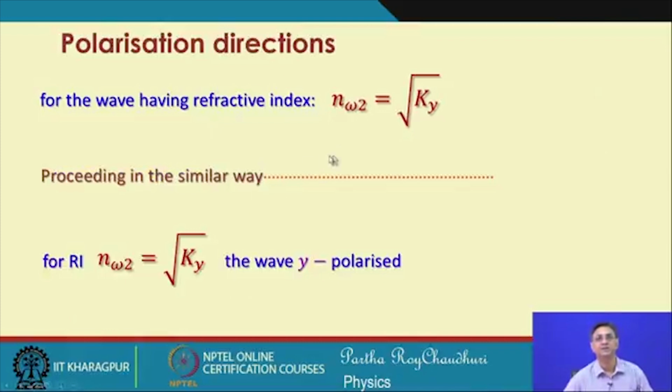So, when you consider the solution for the wave refractive index n omega 2 due to the permittivity along the y direction, then it is only the y electric field that survives, and the propagation is along the z direction. So, the refractive index n omega 2 equal to root k y gives you a y polarized light.